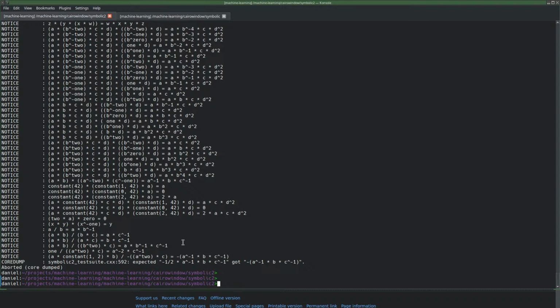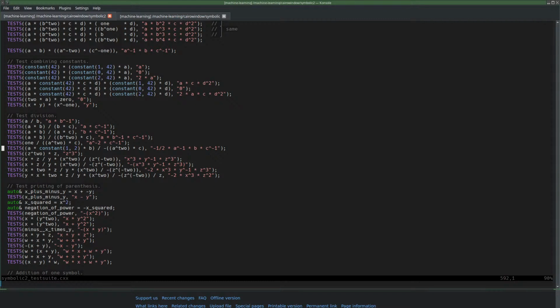I think we'll have to add just a shitload of debug outputs. So let's isolate that one test.